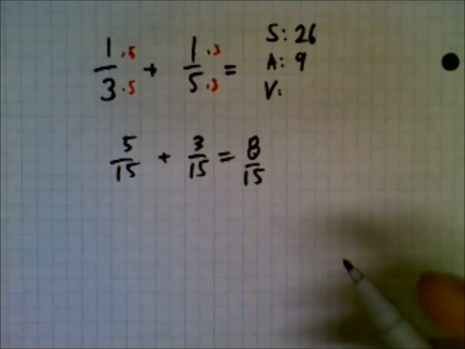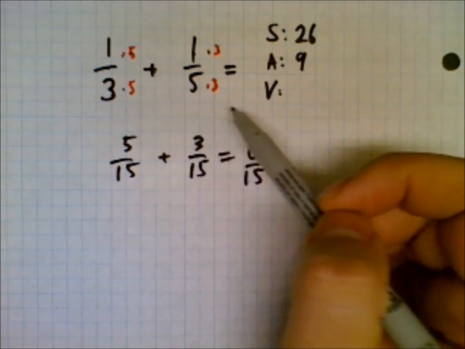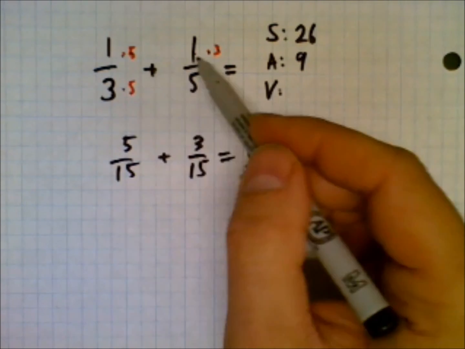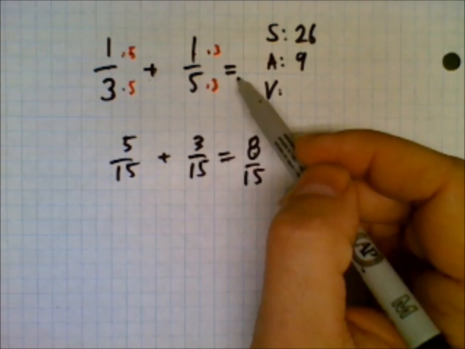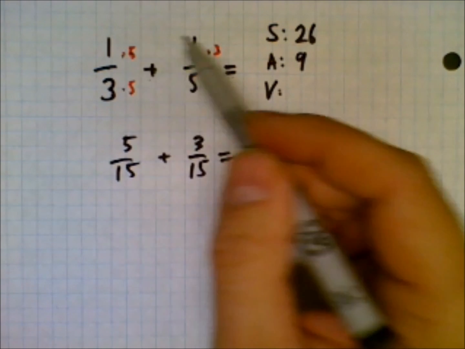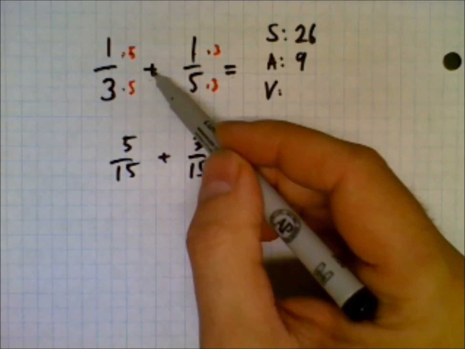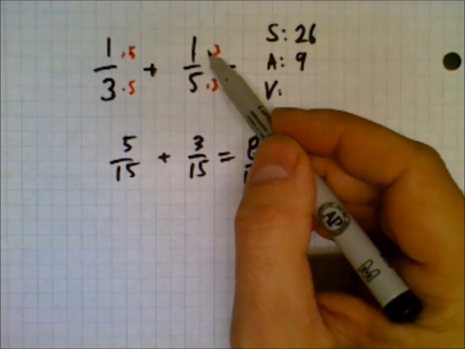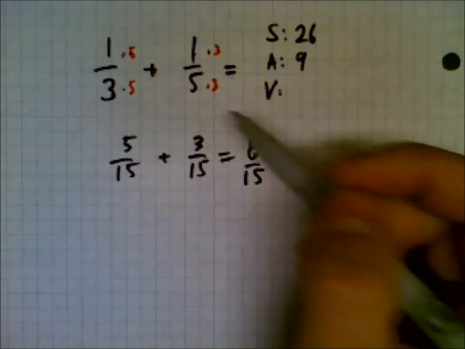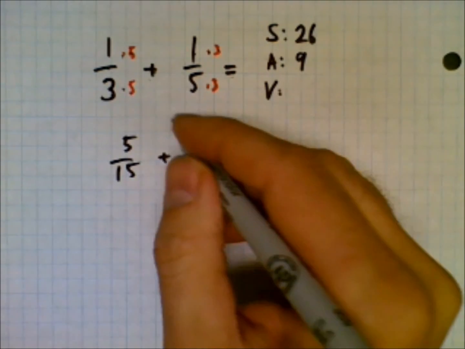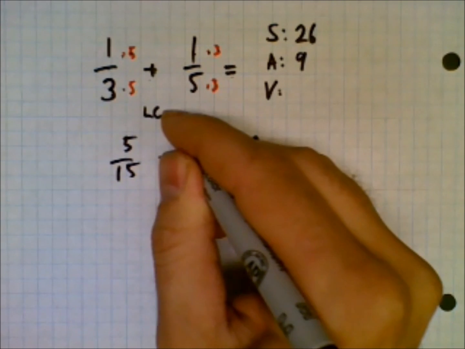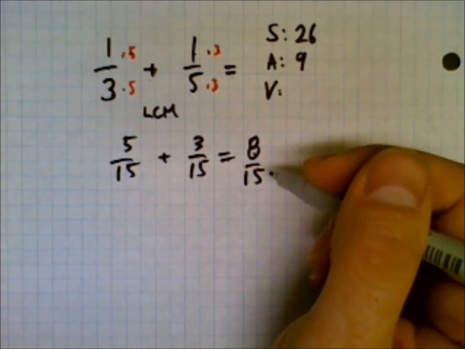Then let's look at vocabulary. In terms of vocabulary, I have to understand what these divisions mean. I have to understand the addition and the equals. I have to understand multiplication. So we've got division, addition, multiplication, equals. Finding the numbers themselves, I would probably be using the lowest common multiple, or at least a common multiple.